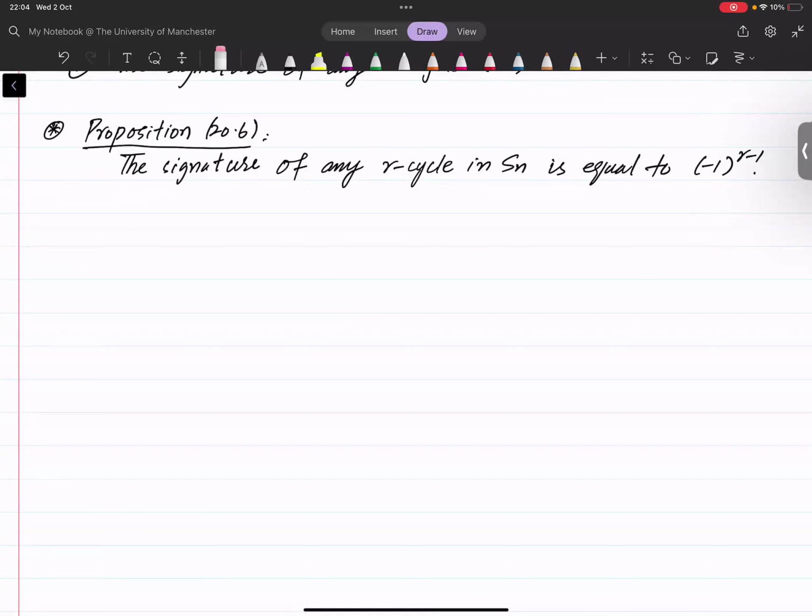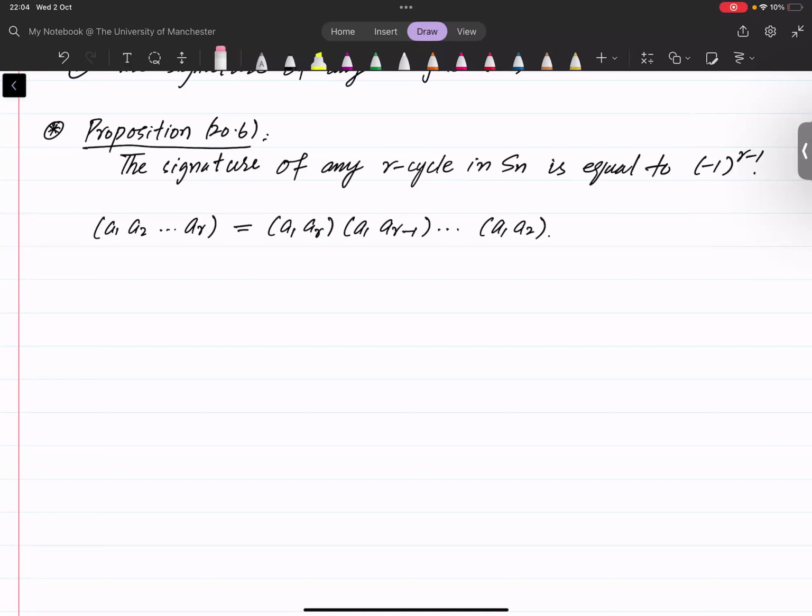Suppose we have an r-cycle that is (a1, a2, up to ar). You can write this r-cycle as a product of disjoint cycles as follows. Okay, this is not 2 but r. And here you have 2.